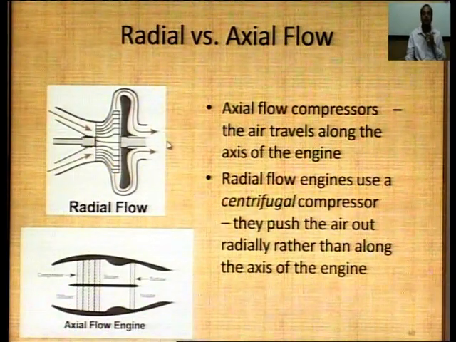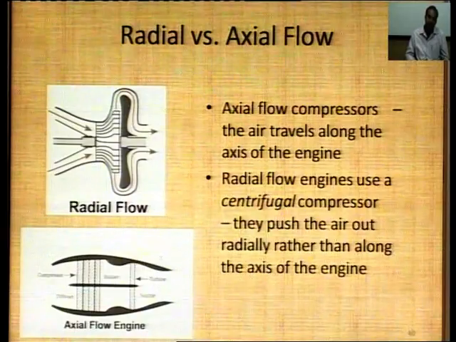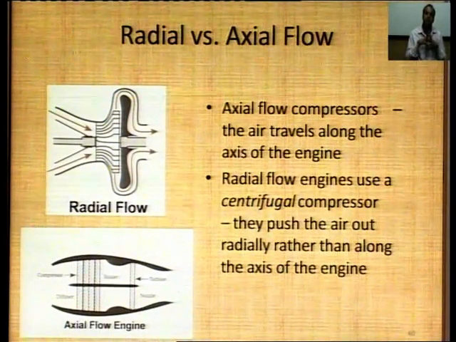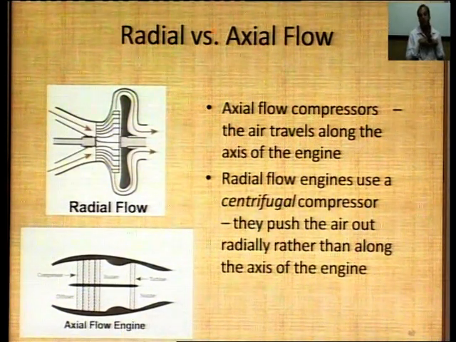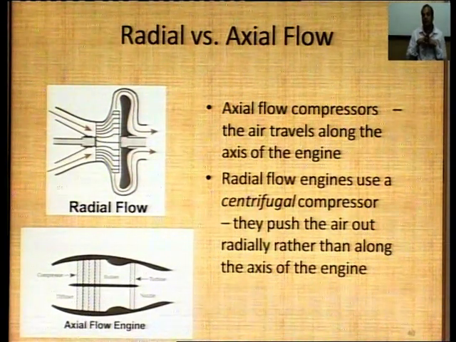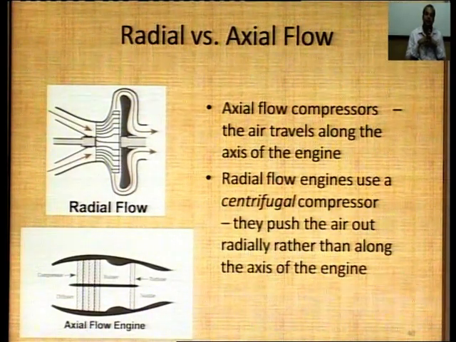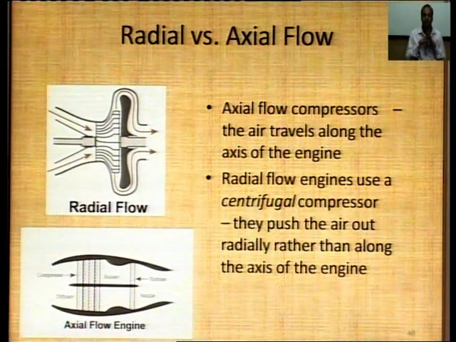This is the axis of the shaft and the air travels along it. Radial flow engines use a centrifugal compressor. They push the air out radially, then along the axis of the engine.